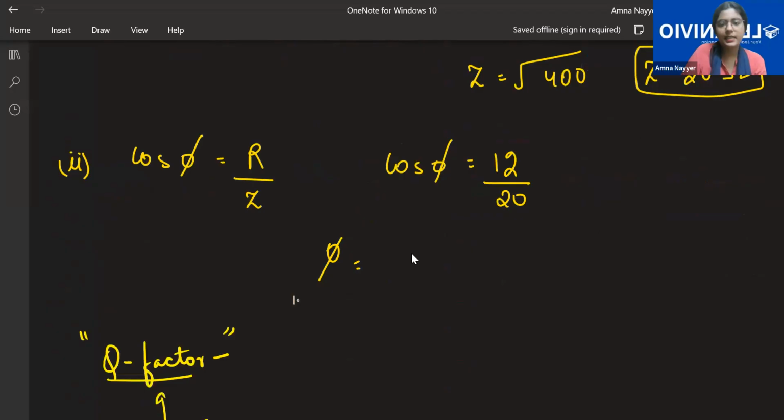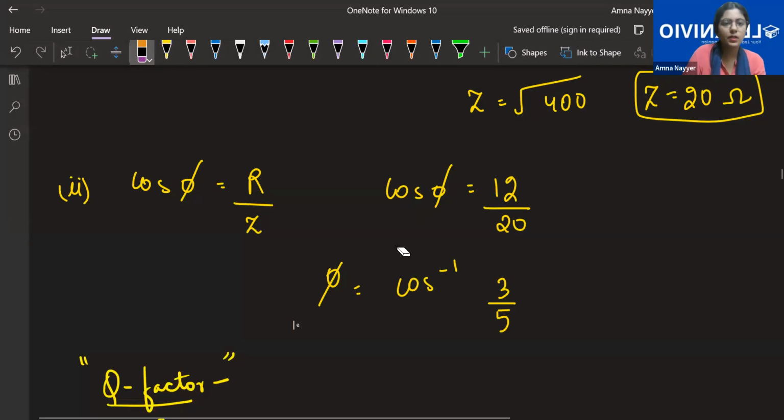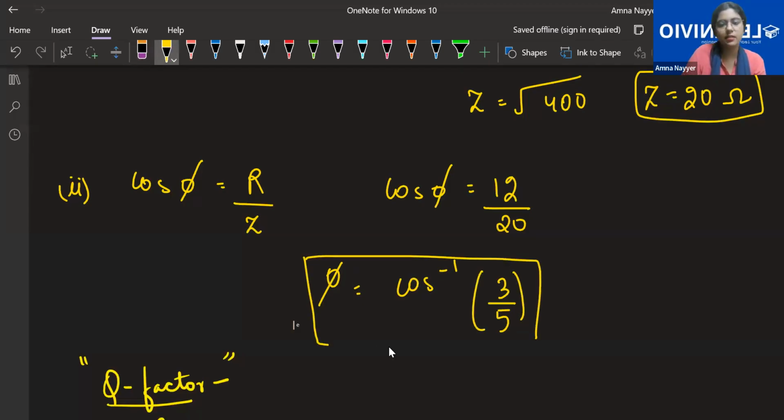So we can directly say phi is equal to cos inverse of 3 by 5. So this is the phase angle.